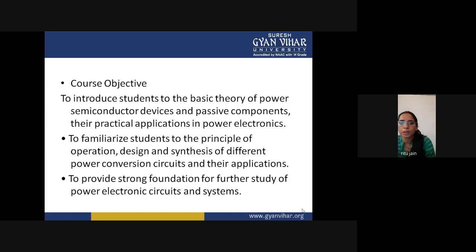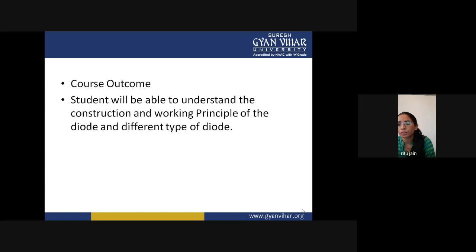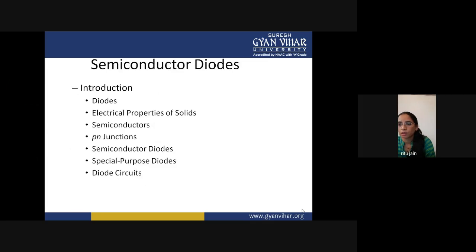These are the basic objectives of this course. After this course, I expect that students will be able to understand the basics of a diode, its construction, its symbol and its VI characteristic. So let's start with our content.